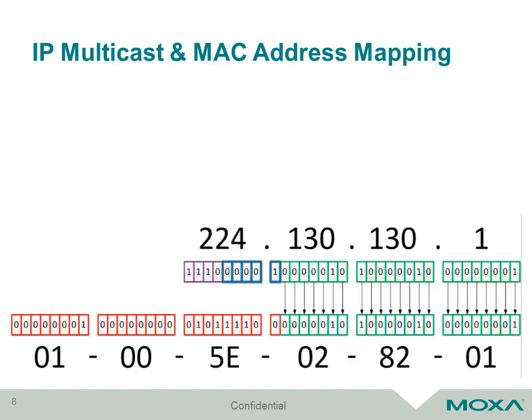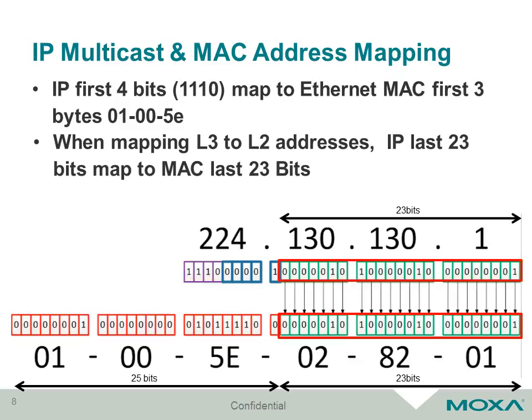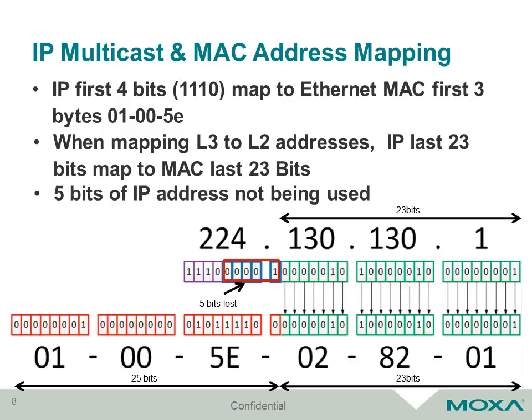As we mentioned earlier, when used as multicast, the IP first 4 bits will be 1110 in binary, which will map to the MAC address first 3 bytes, 01, 00, and 5E. Next, when mapping Layer 3 to Layer 2 address, only the IP last 23 bits map to the MAC last 23 bits. So the result of that is 5 bits of the IP address are not being used.